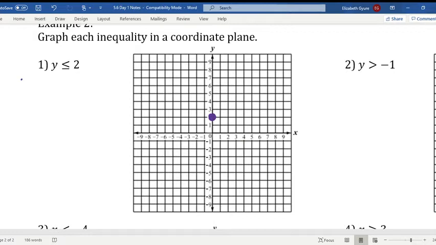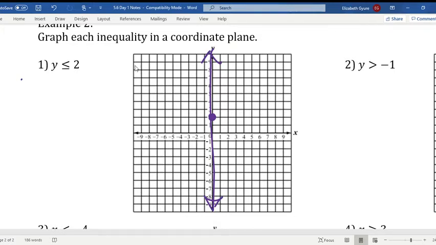Then we need to decide if we would want a vertical line or a horizontal line. Which one do you think would make the most sense in this situation? If we put a vertical line, isn't that just going to line up perfectly with our y-axis?